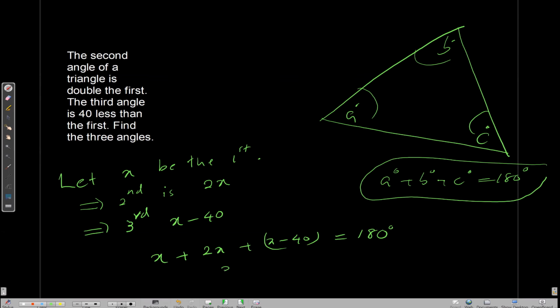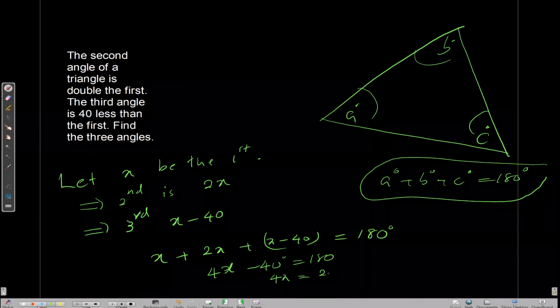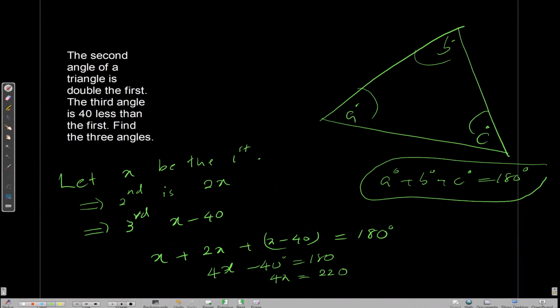So 3x and x, so 4x minus 40 is 180. So 4x is 220, and when you divide by 4, x is 55, right? Yes, 55 degrees. So we have to find all three angles.